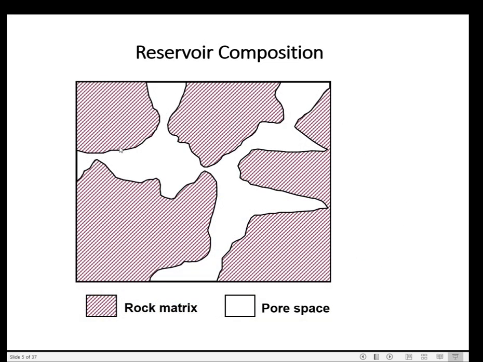This cartoon shows the matrix and the porosity, the void space in this case. Here is something very important we need to emphasize. This kind of pore is called the pore body, and here is the pore throat.